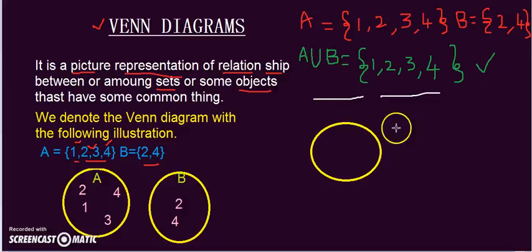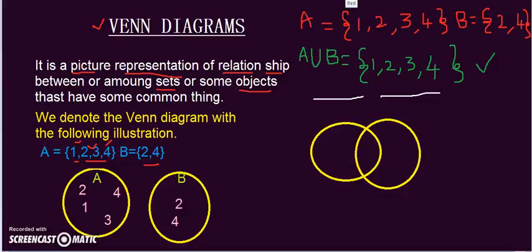This is my set B, and I'm going to write the combination A union B. So how can you derive it? The other set will be just inside of your set. So this is my A set and this is my B set.